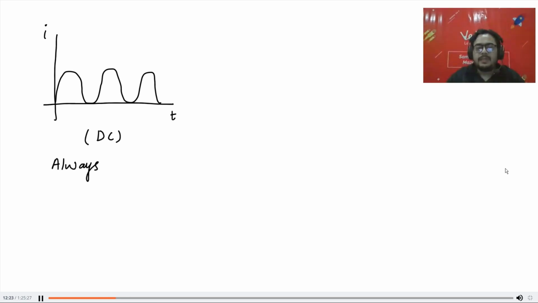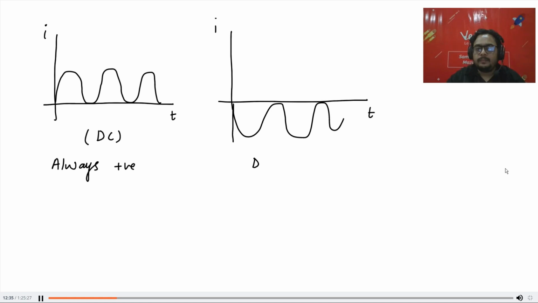Why? Because it is always positive. Even if I draw like this, it is also your direct current because it is always negative.